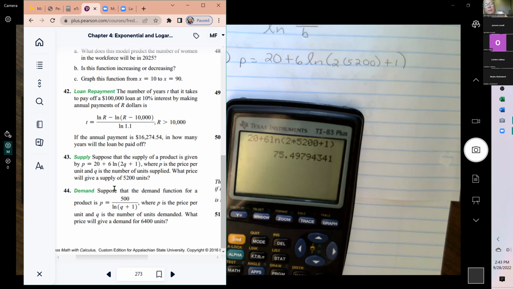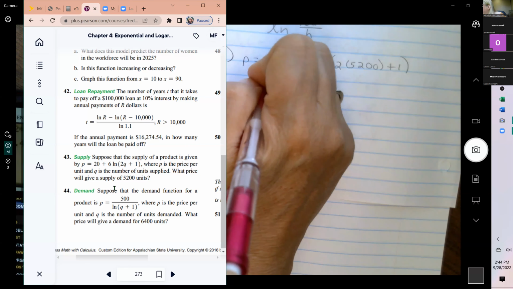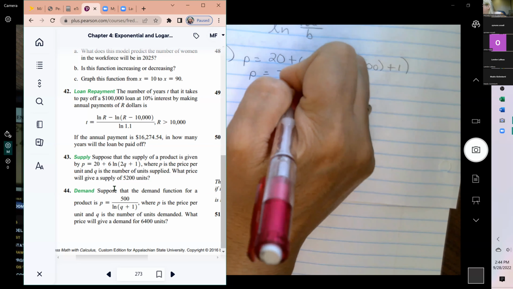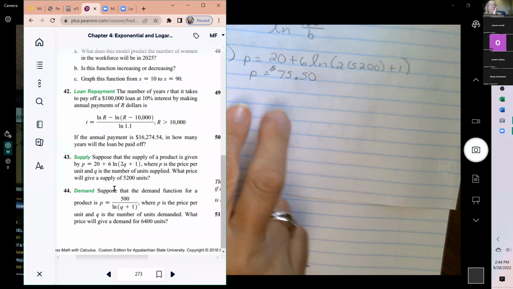So if we sell them for $75.50 each, we will sell 5,200. Is everyone getting the 75.50?